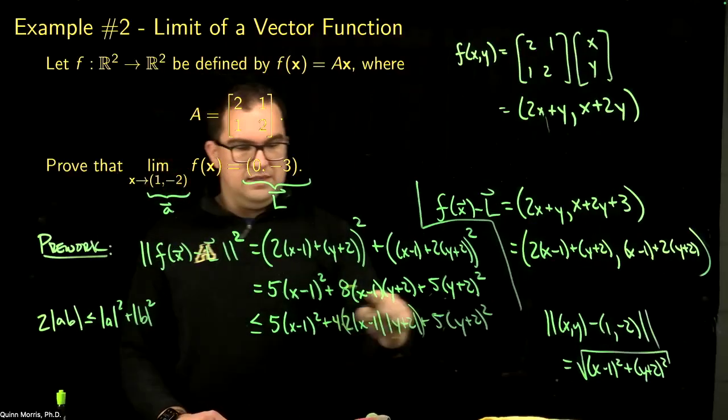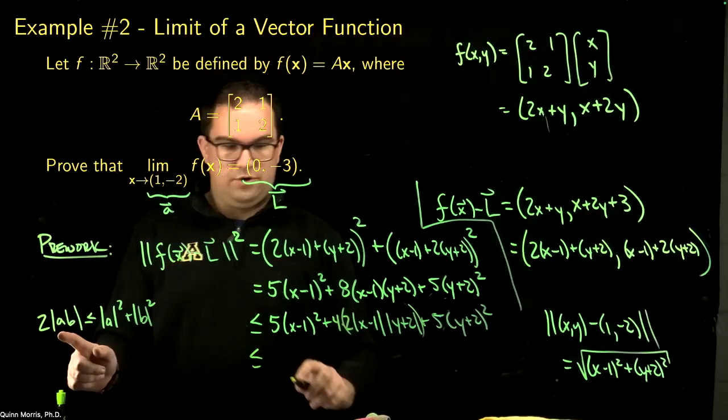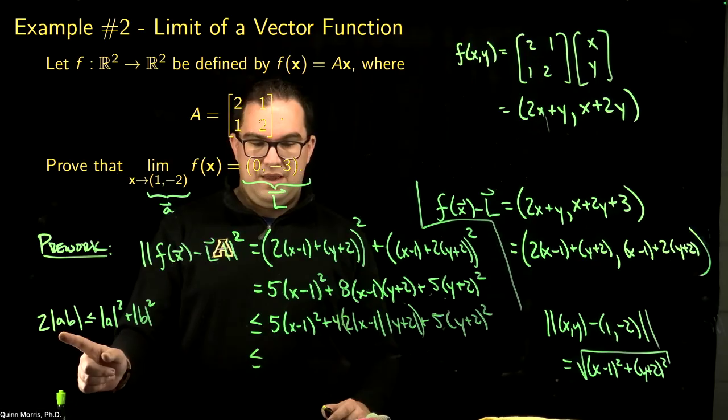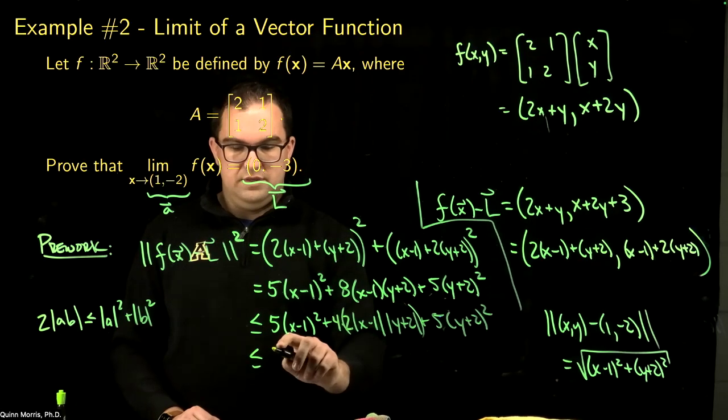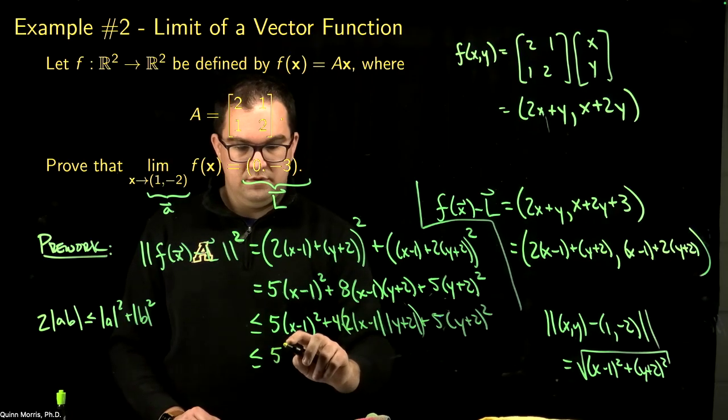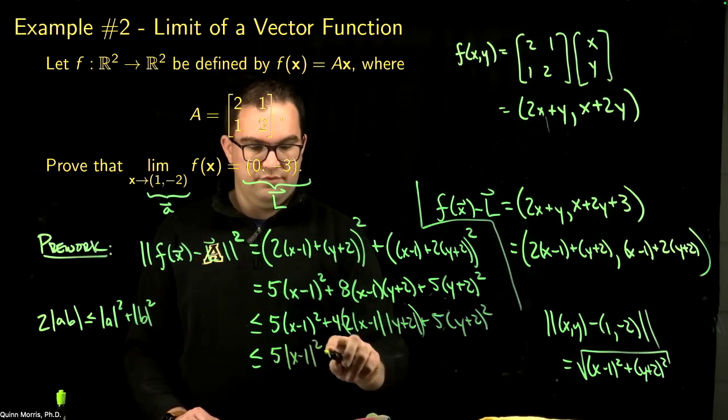And now I look at this. Now this, by this inequality, letting A be the absolute value of x minus 1 and B be the absolute value of y plus 2, this gives me 5 times, and I can go ahead and slap absolute values on here too, because these are already positive.